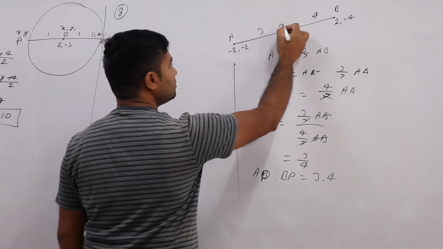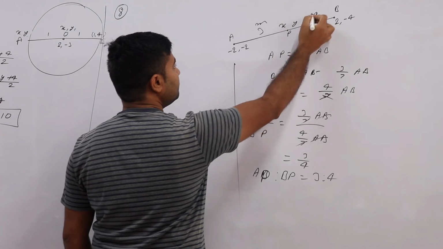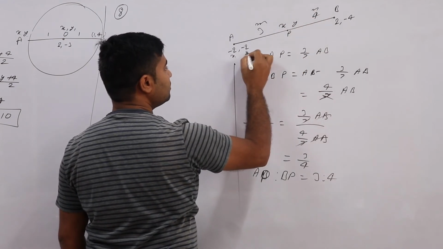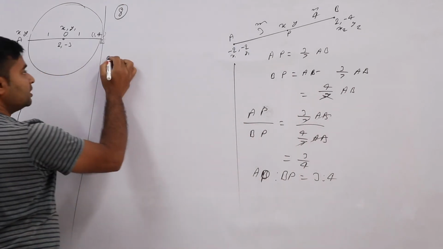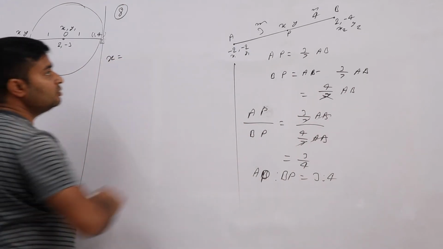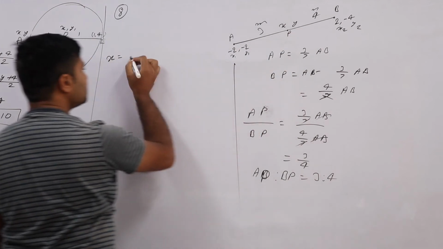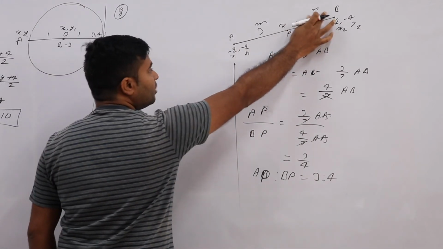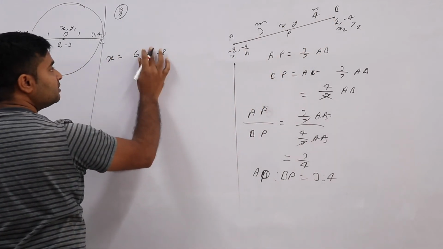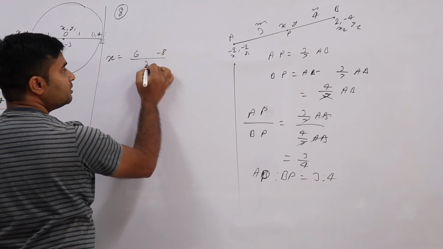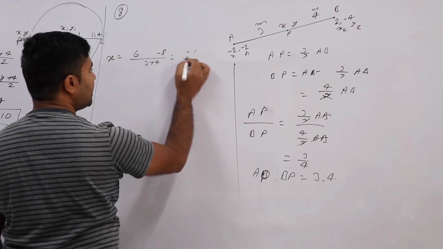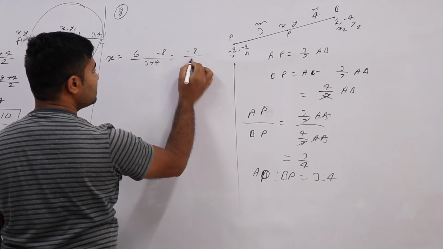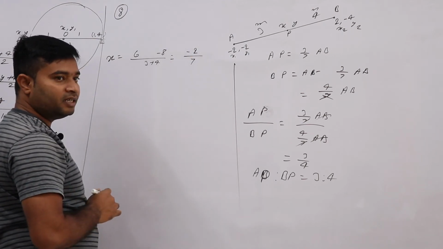So for finding P, assume this is x, y, m, n, x1, y1, x2, y2. So x is equal to how much? X is equal to 3 into 2, 6, plus 4 into minus 2, minus 8, by 3 plus 4. 6 minus 8 means minus 2 by 7.